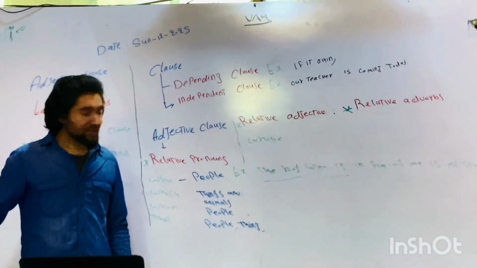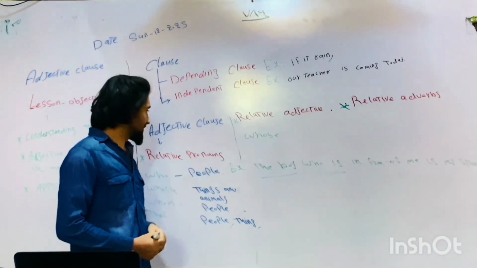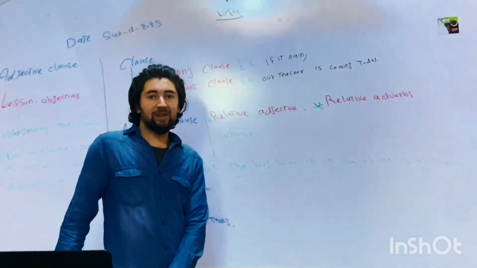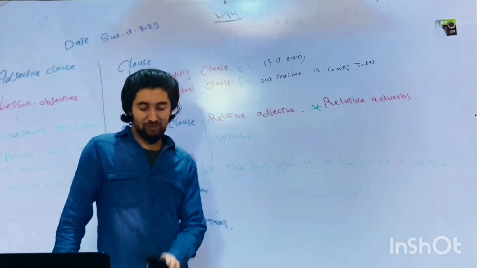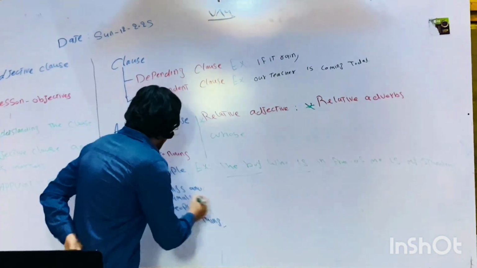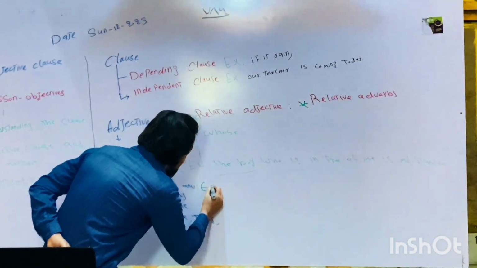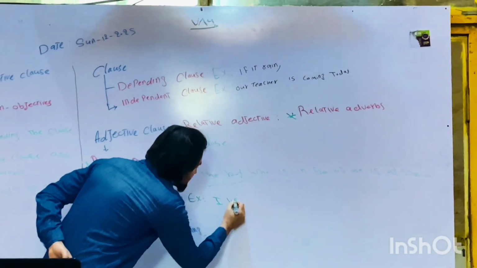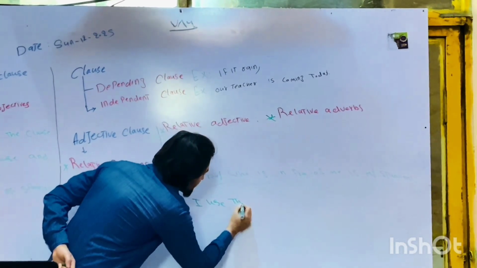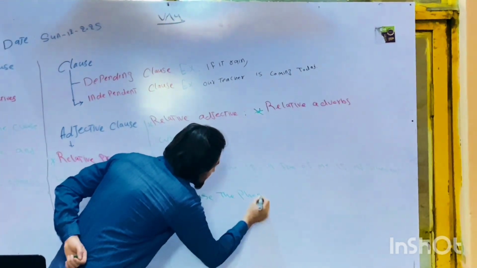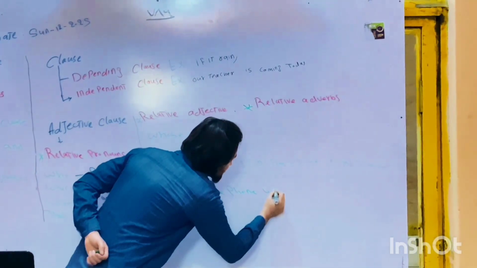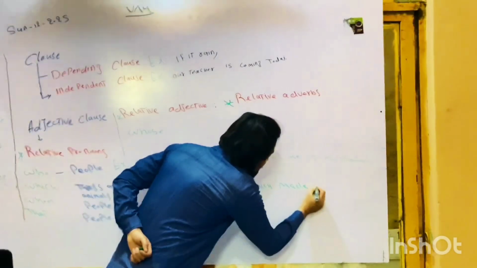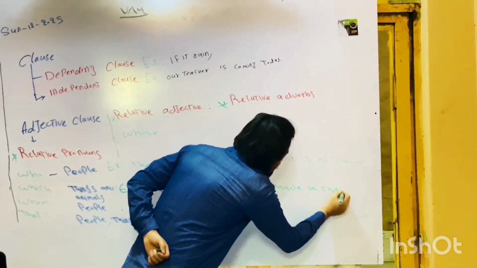Next, we are going to establish another example for which. So how can we establish an example? For example: I use the phone which was made in China.